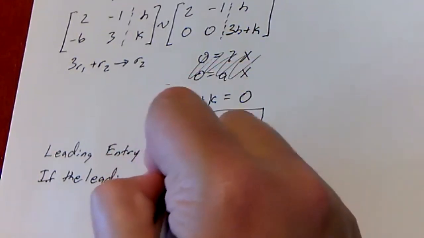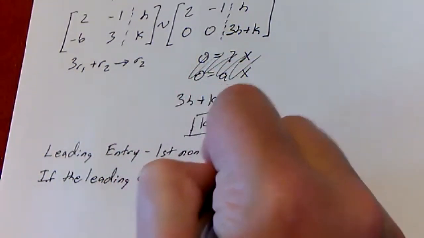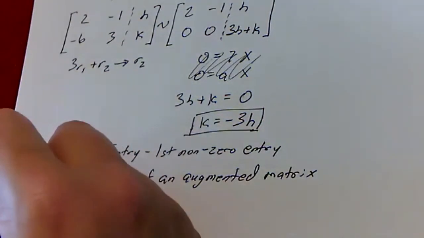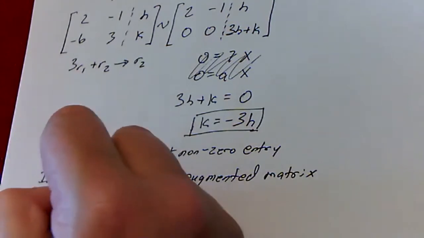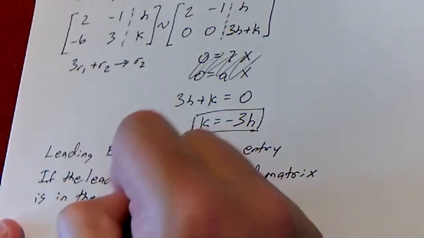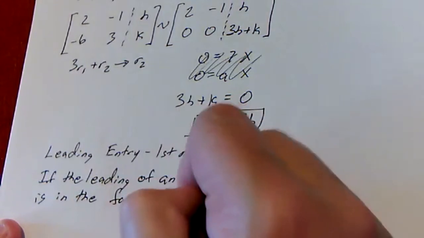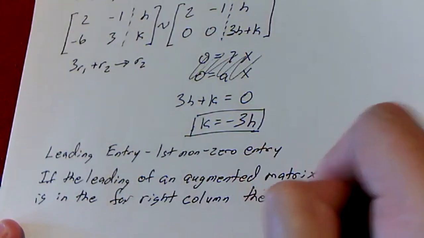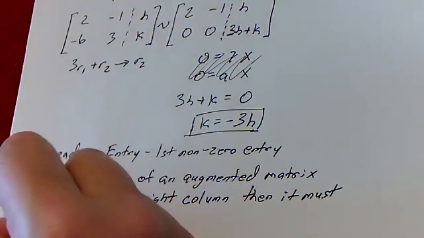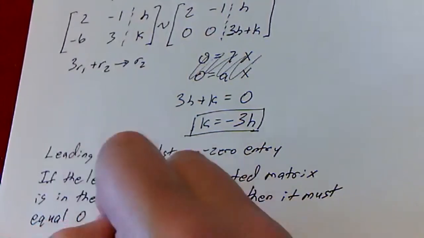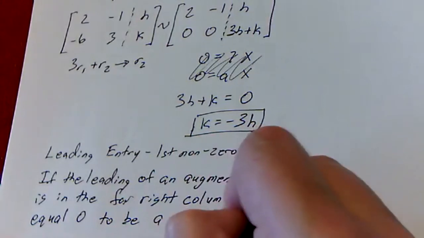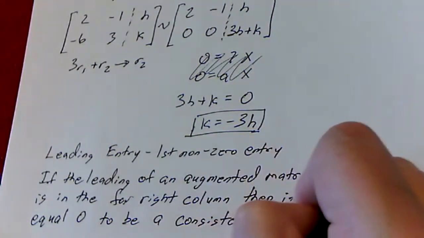The leading entry of an augmented matrix, so remember this is our augmented matrix, not our coefficient matrix, is in the far right column, then it must equal 0 to be a consistent system.